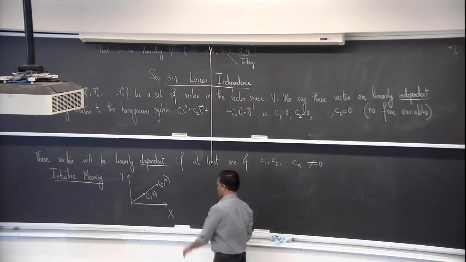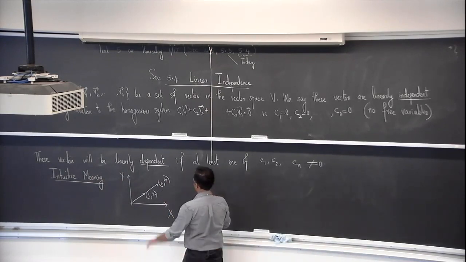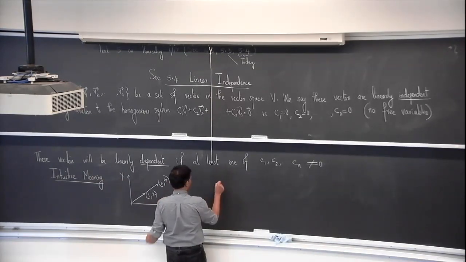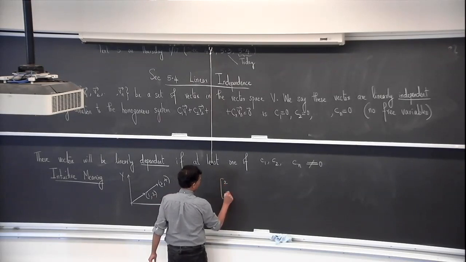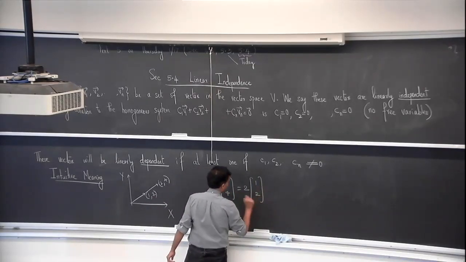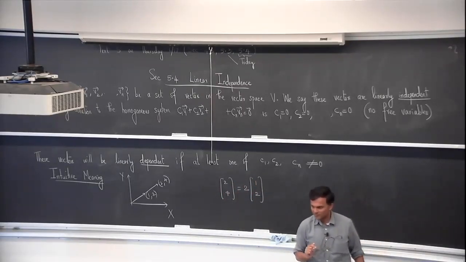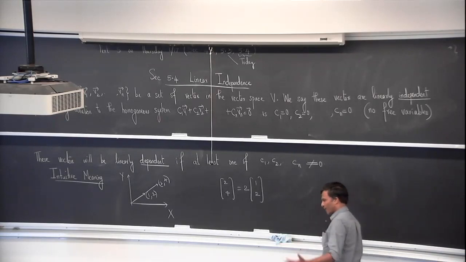From (0, 0) to (2, 4). And you don't need an advanced degree in math to spot this relationship here. The vector (2, 4) is twice the vector (1, 2). Nothing groundbreaking here, right?